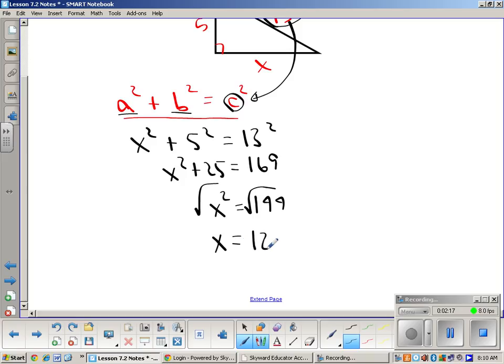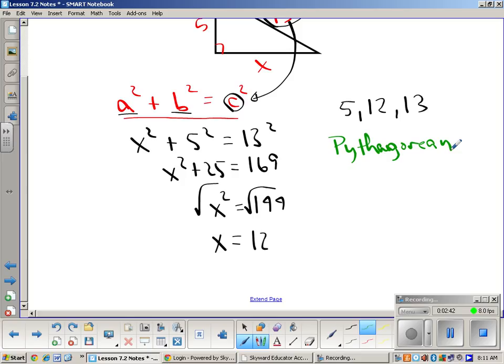So the numbers 5, 12, and 13 represent what is called the Pythagorean triple. I just realized I spelled Pythagorean wrong earlier.